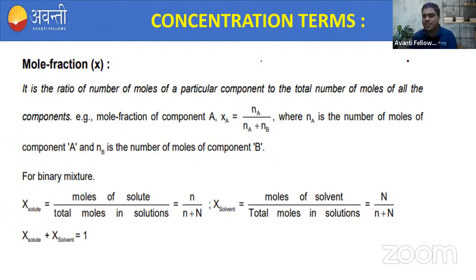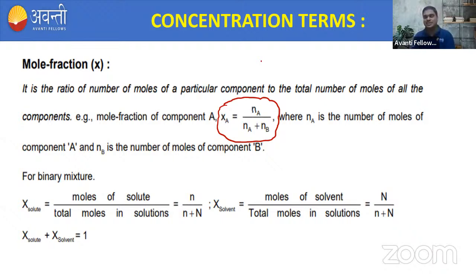For example, if we have two components A and B, and someone says calculate the mole fraction of component A, the mole fraction of A is the number of moles of A divided by the number of moles of A plus the number of moles of B.